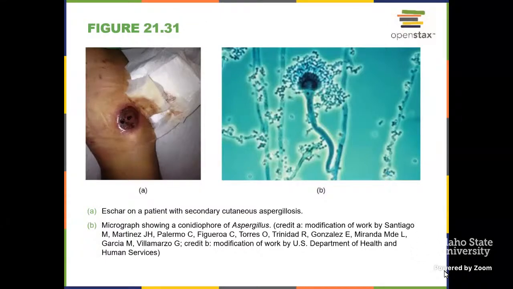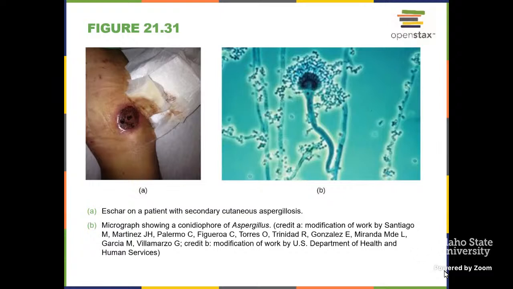We could also see cutaneous aspergillosis that is a primary infection that would be the result of this fungus getting inoculated into the skin through a wound. And that would result in it growing at that body site without the dissemination, all right?